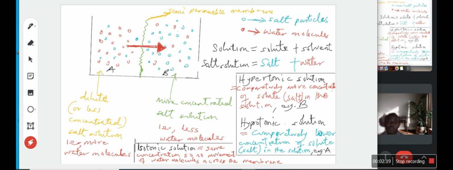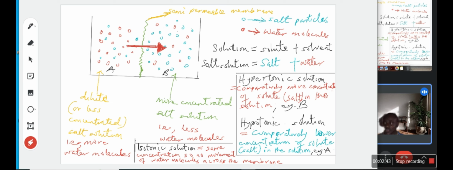More salt particles and less water molecules. So we can call solution A dilute because it has so much water in it, isn't it? Yeah. And we can call solution B concentrated. In other words, it has a lot of salt but few water molecules. Do you understand that? Yeah.